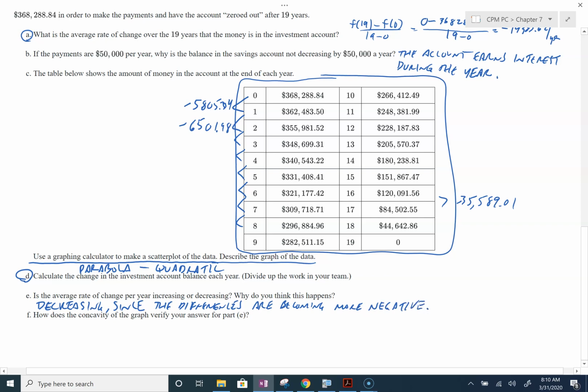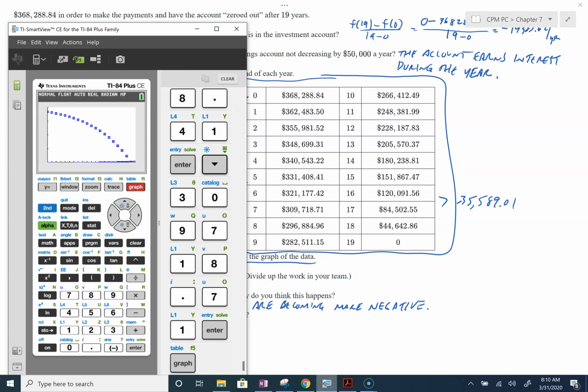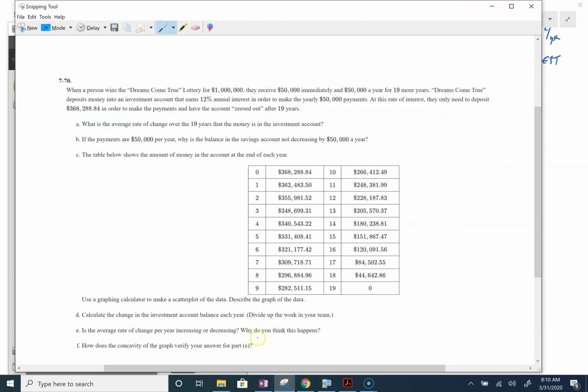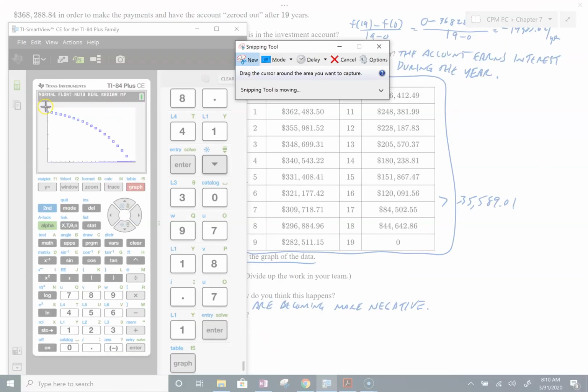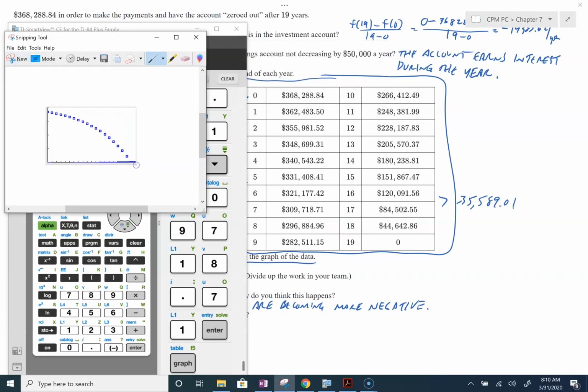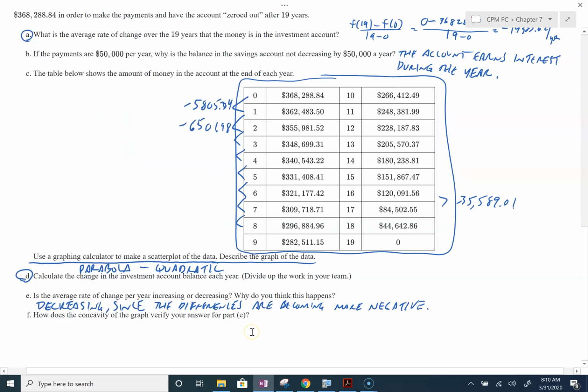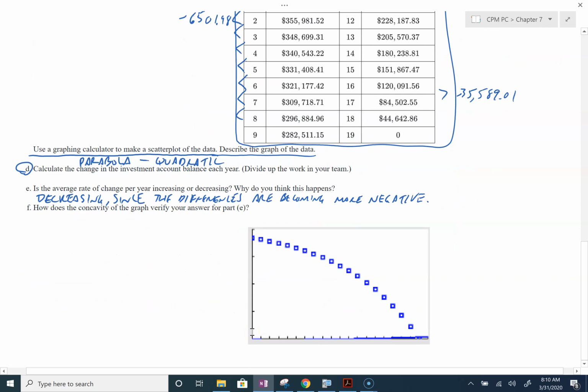Okay, and how does the concavity of the graph verify your answer from part E? So if we look at that graph, let me take a picture of that so I can write on it. Okay, how does the concavity verify this answer? So look at what we're looking at as our slopes, because rate of change is slope.